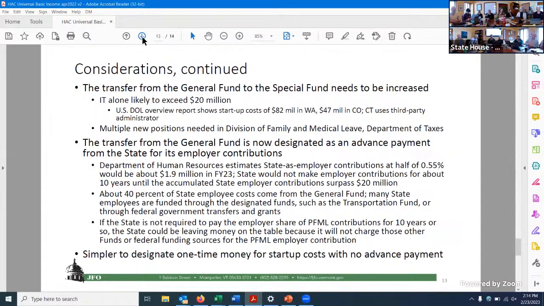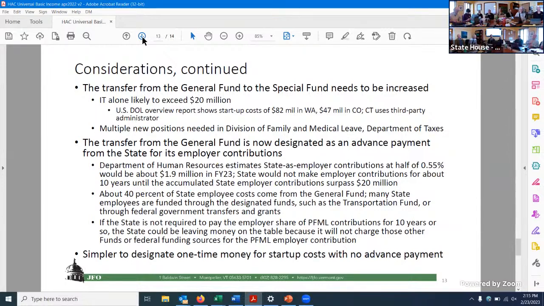So the thinking was that if you took $20 million from the general fund, the state, as an employer of all us state employees, would not have to make its employer contributions for many years until those contributions added up to $20 million. Okay, so it's like an advance payment of future contributions.